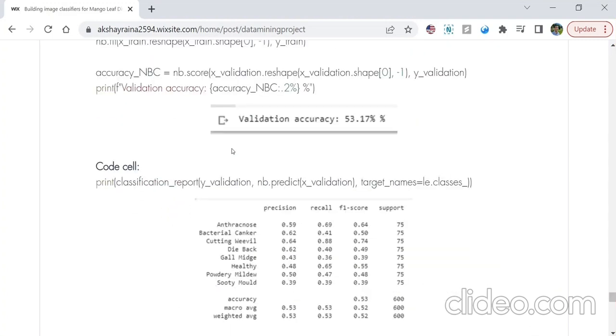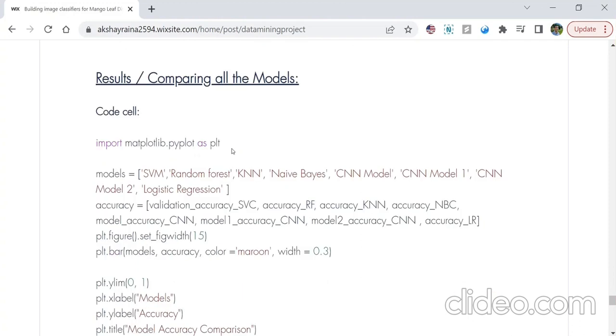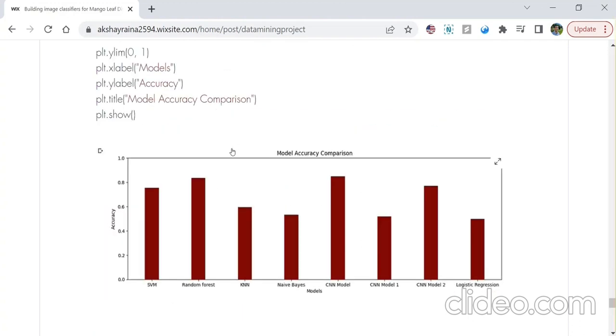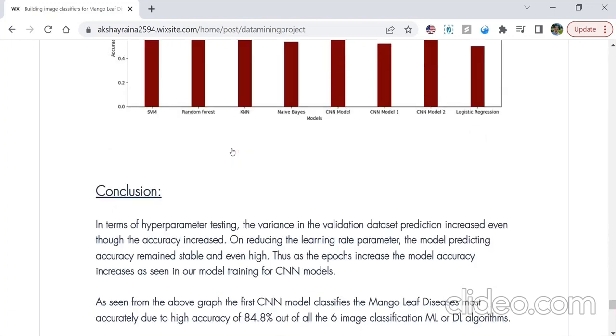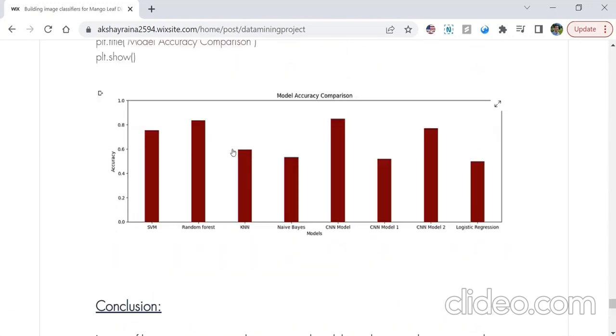In the end, I compared all the model accuracies using a graph, wherein the final inference was that the convolutional neural network model, the first one, had the highest accuracy of 84.48 percent, and this particular model trained and predicted even better than the random forest model, which had the second highest accuracy.